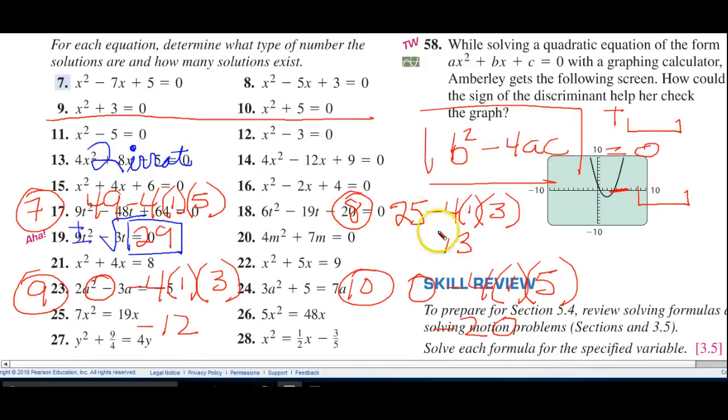And this ends up as a positive 13, which will be plus or minus under the radical sign. So the same, two irrational solutions.